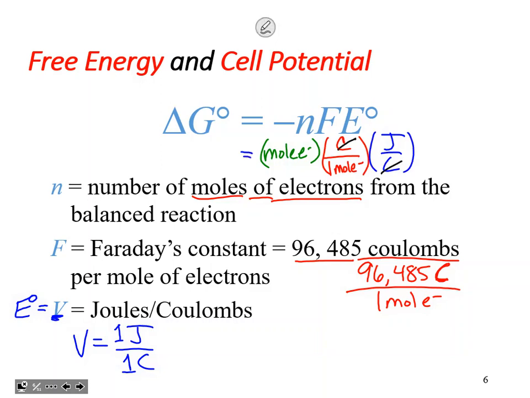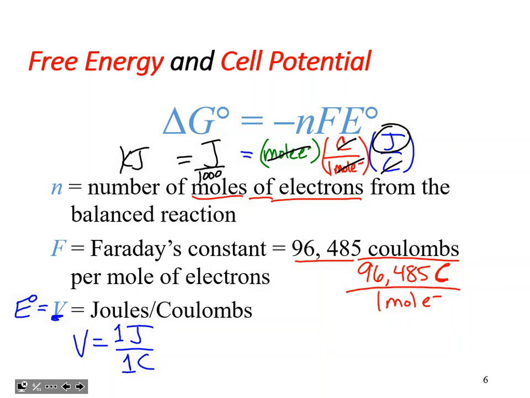Well, the coulombs cancel, the moles of electrons cancel, and now we're left with joules for delta G. Then you would change it over to kilojoules, because we usually report delta G in kilojoules: divide by 1,000, and get your delta G in kilojoules. That's how the units cancel for this particular equation.